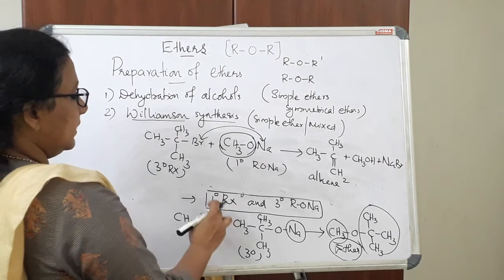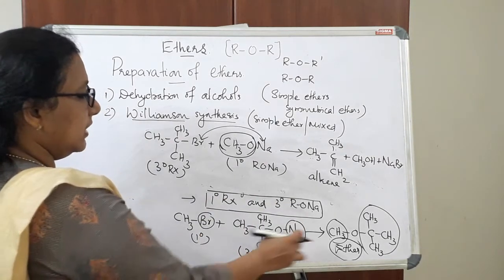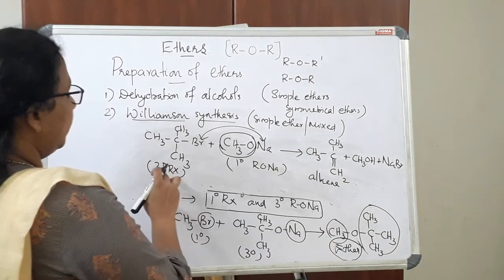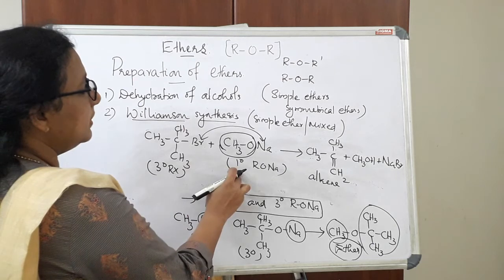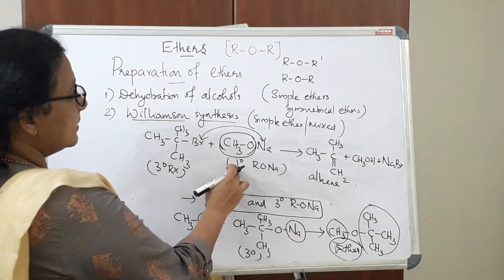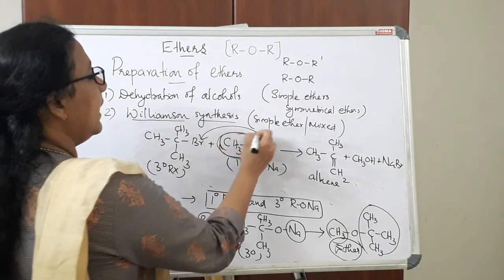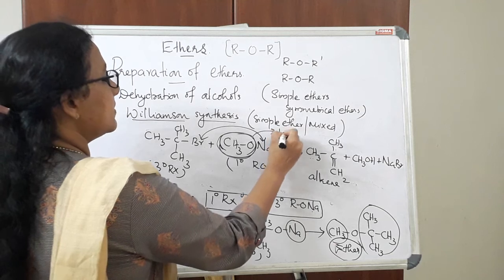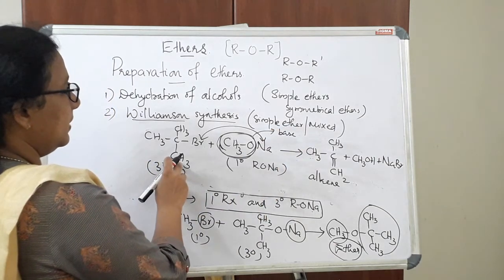So if we are taking a primary alkyl halide and a tertiary alkoxide, we will get an ether. If we are taking a tertiary alkyl halide and a primary alkoxide, we will get an alkene. In that case, the alkoxide group will act as a base and abstract one hydrogen from here.